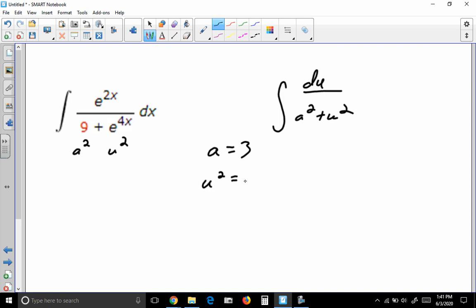If u squared is e to the 4x, then u would be e to the 2x. Think about if we take the square root of both sides. Taking the square root of something is like raising it to the 1/2 power. If we have a power to a power, those get multiplied. So 4x times 1/2 is 2x.